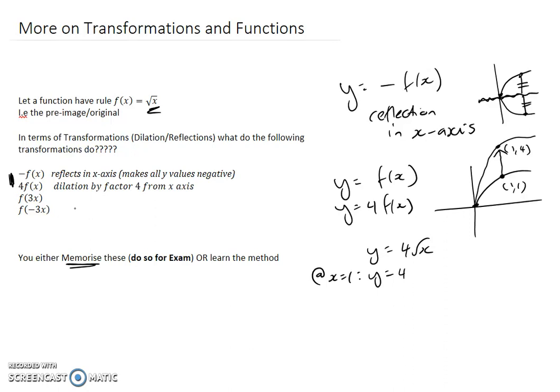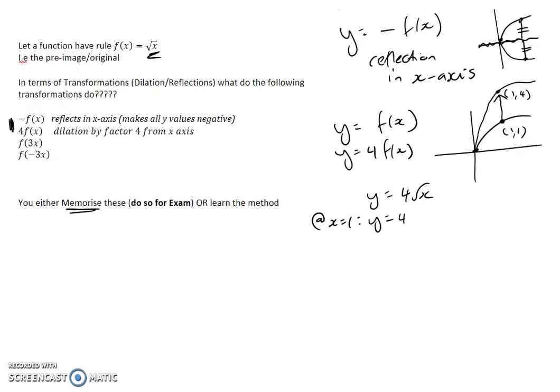So basically what happens is you have your function which is root x, say, and that has a bunch of xy coordinates on it because lines are made up of points. And you take that function and you transform it by making everything in the brackets 3x instead of x.